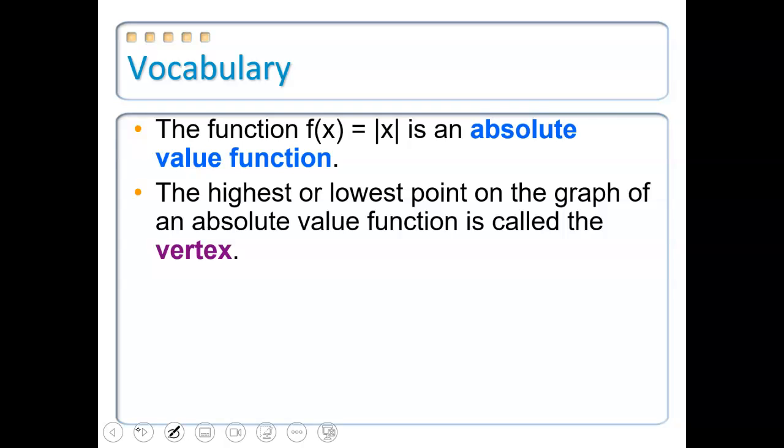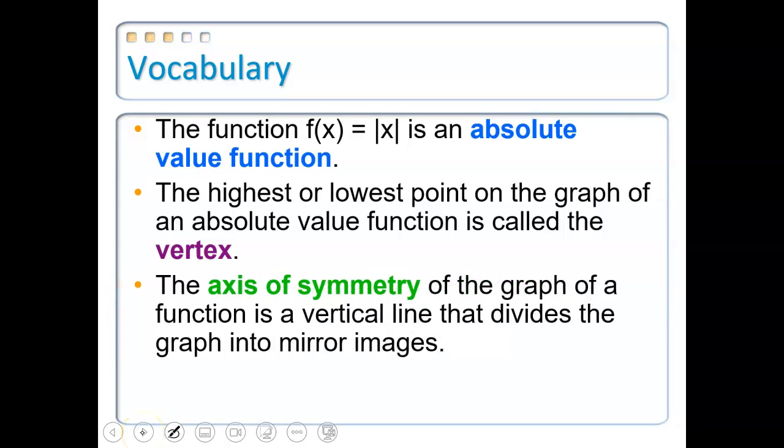The vertex is going to act as the min or the max of that graph. When we talk about domain and range, the absolute value is going to be a big part of our range.